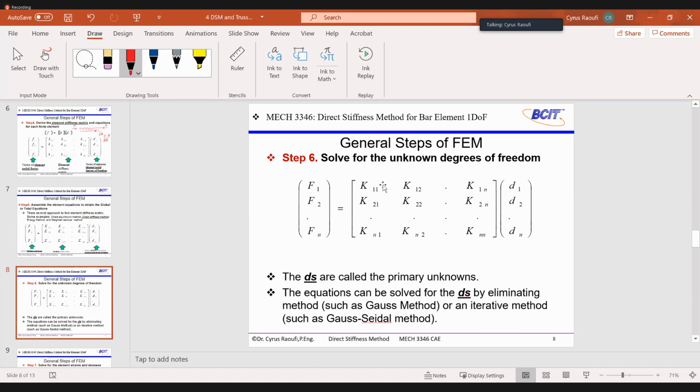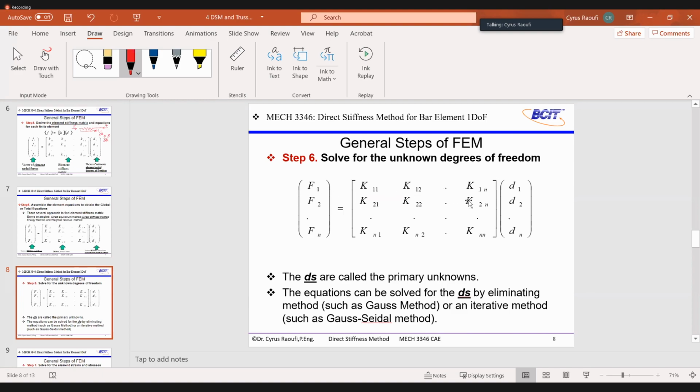Remember, we had linear algebraic equations in chapter 1, and in one of the tutorials we had a set of algebraic equations. We used MATLAB to solve those sets of linear algebraic equations. Same goes here. Some of them are numbers, some of them are unknown. Same goes on the other side.